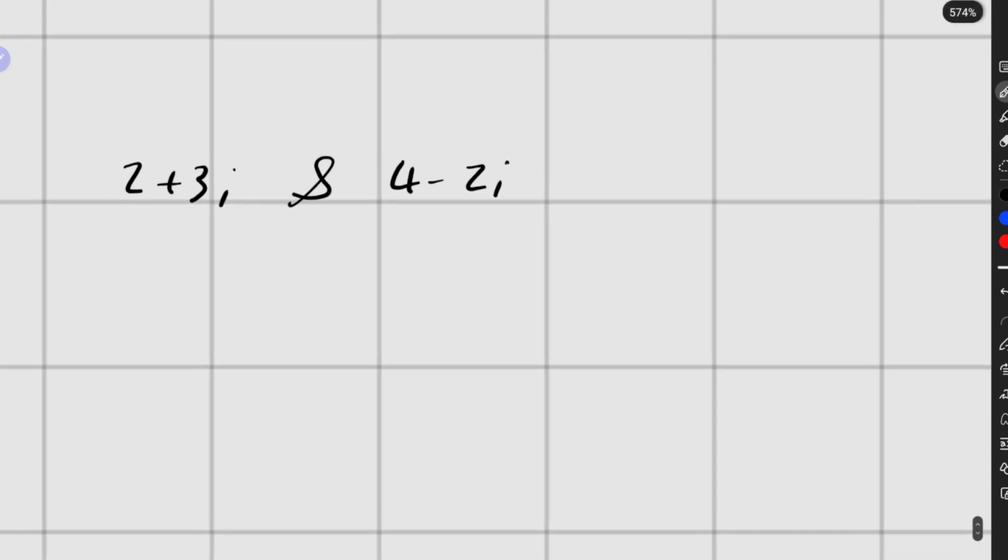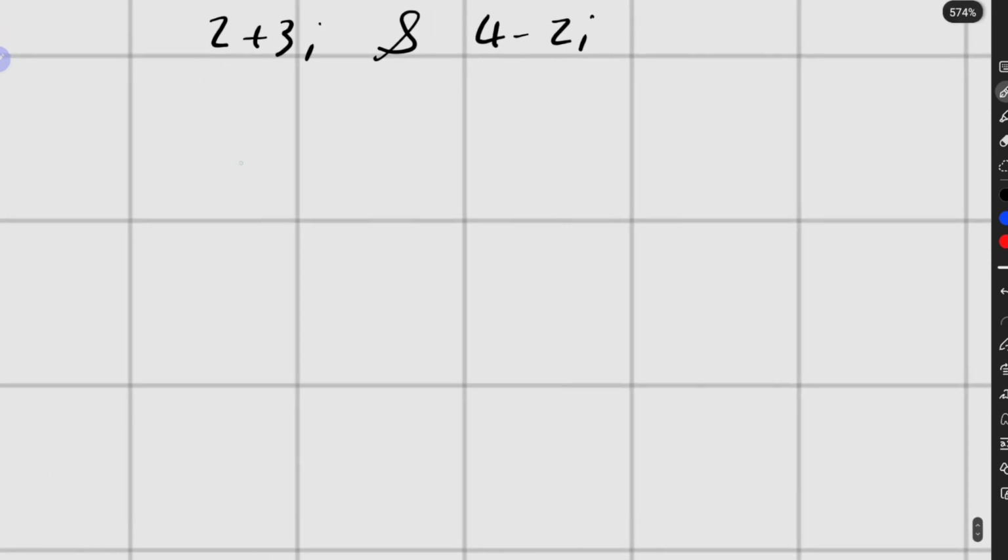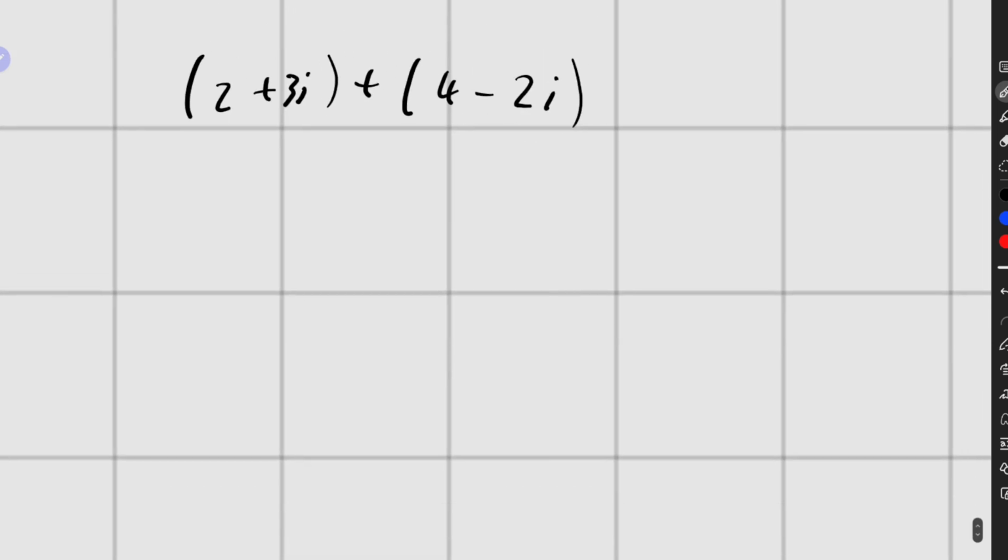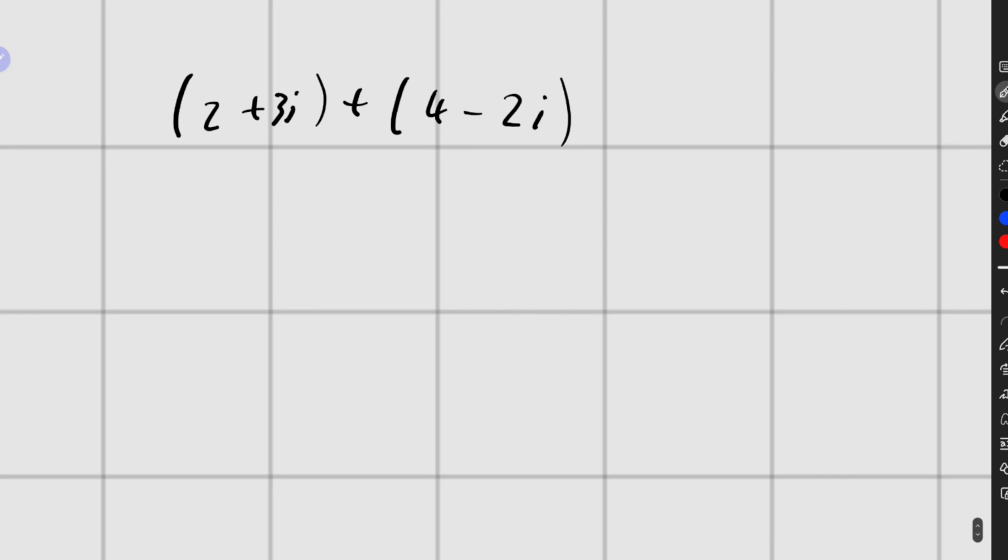So what you're going to do, if you're adding these together, you can have 2 plus 3i, your first equation, plus 4 minus 2i. So using your basic algebra rules, you add like terms, and essentially that's it. That's all you have to remember.